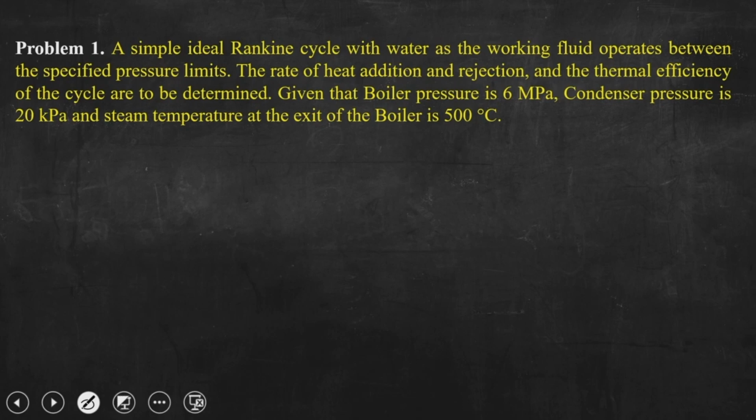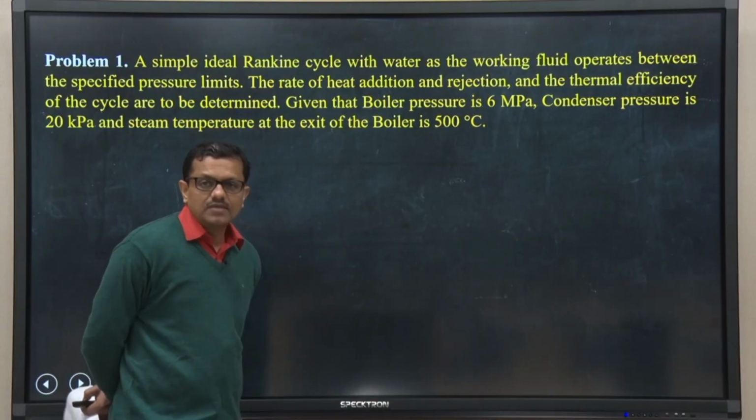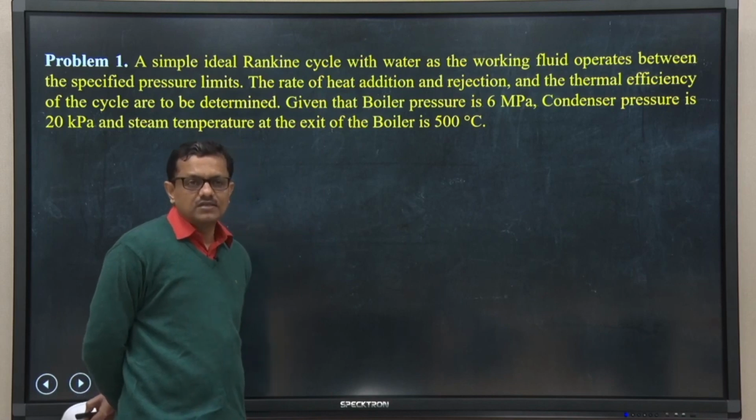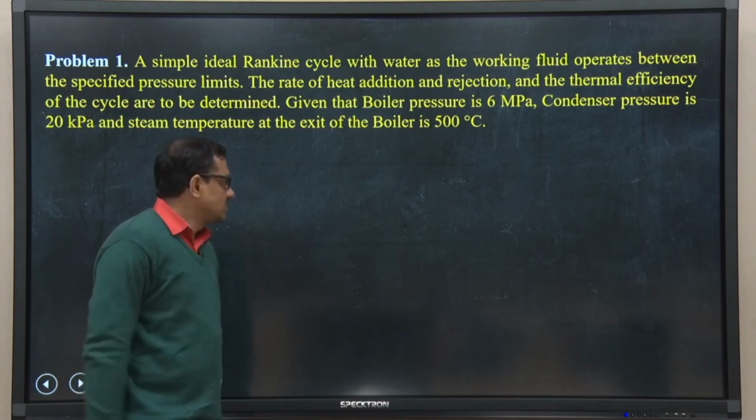In fact, if we can calculate the amount of heat which is added to the cycle and the amount of heat which is rejected from the cycle, knowing these two parameters we can quantify the efficiency.